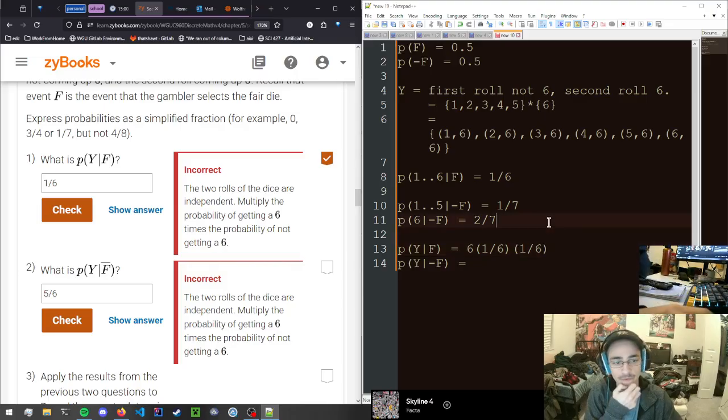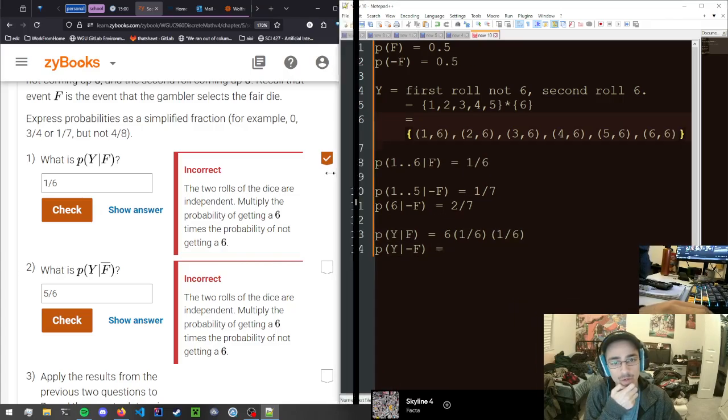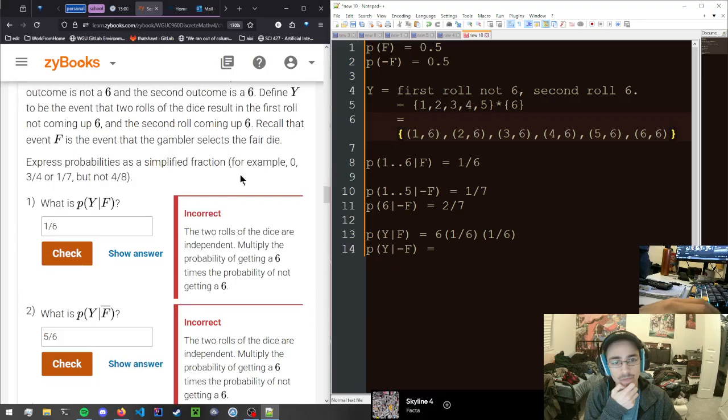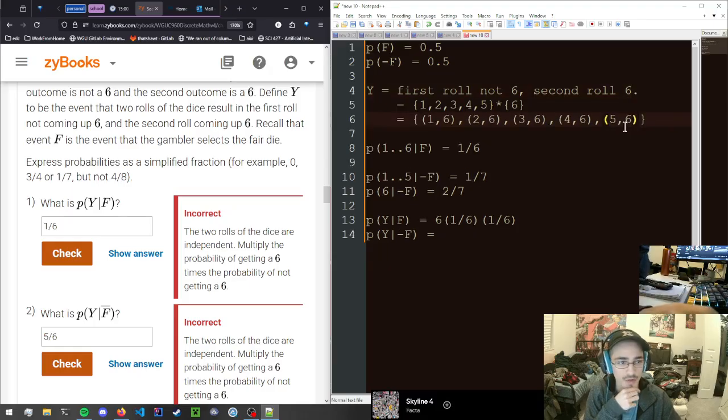Interesting. I got the same wrong answer. What am I doing? Is this incorrect? Oh, the first roll is not 6. Obviously, it would include the last one if it was, my bad.